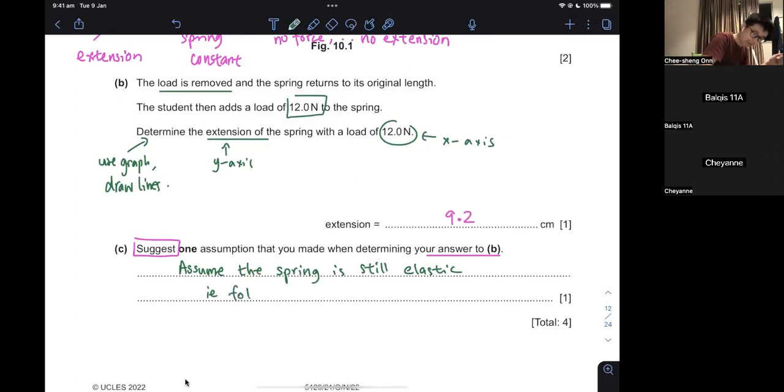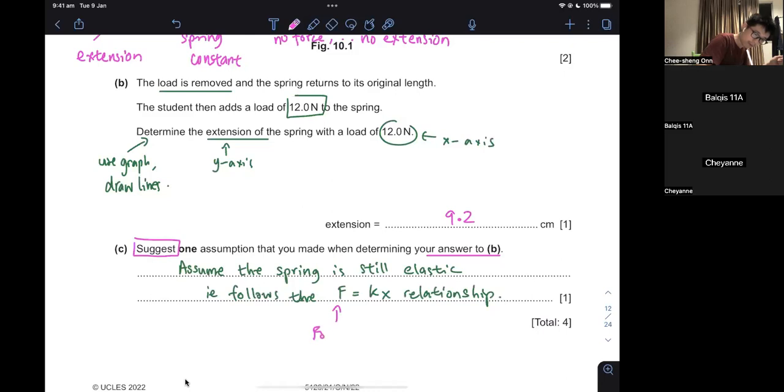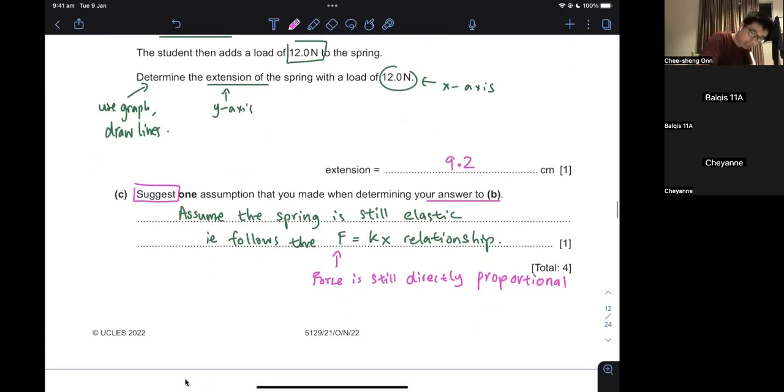So it still follows the F equal to kx relationship. In the marking scheme, they say the force is still directly proportional to the extension. In your lower secondary mathematics, you have learned about direct proportions. The k is a constant, y equal to mx plus c.